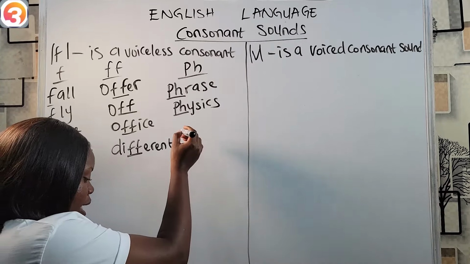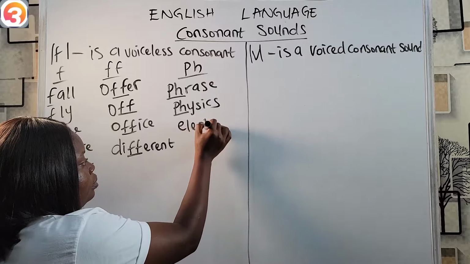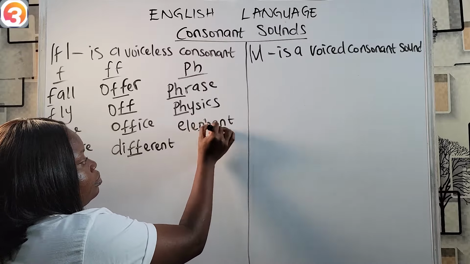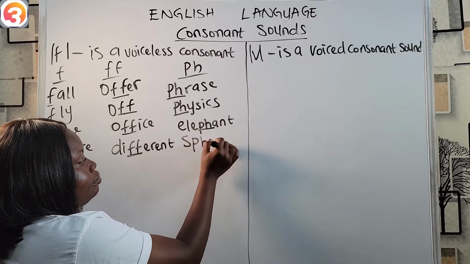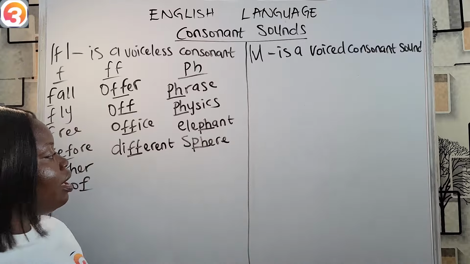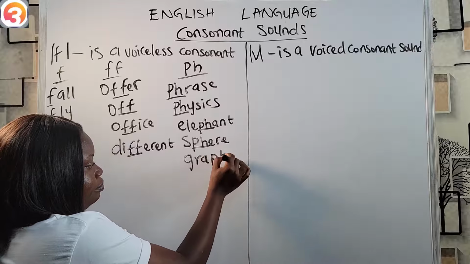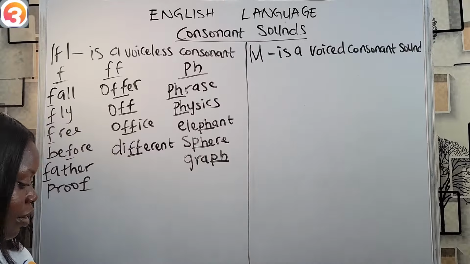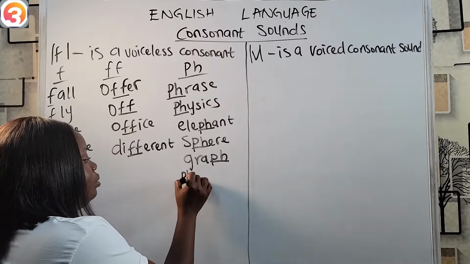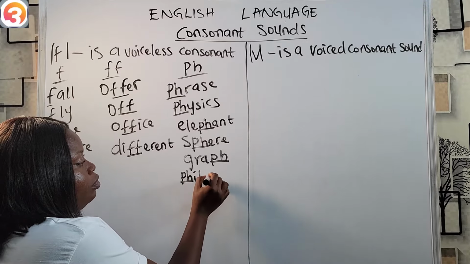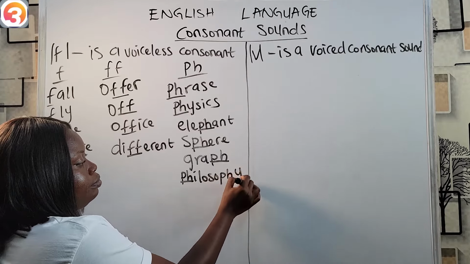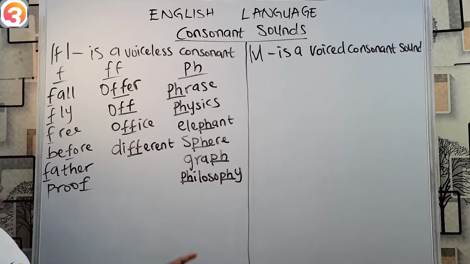Other examples: elephant, sphere, graph, geography, philosophy. Here we have PH being pronounced as /f/.